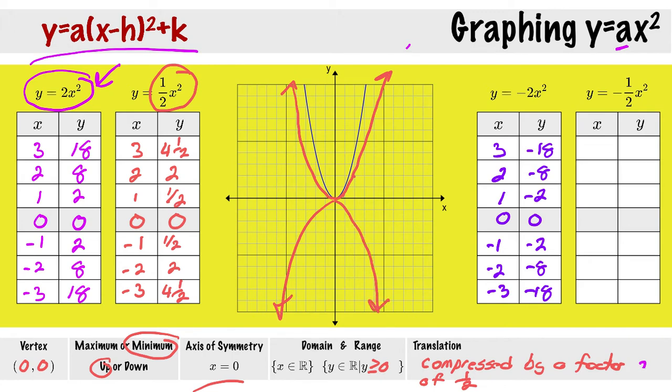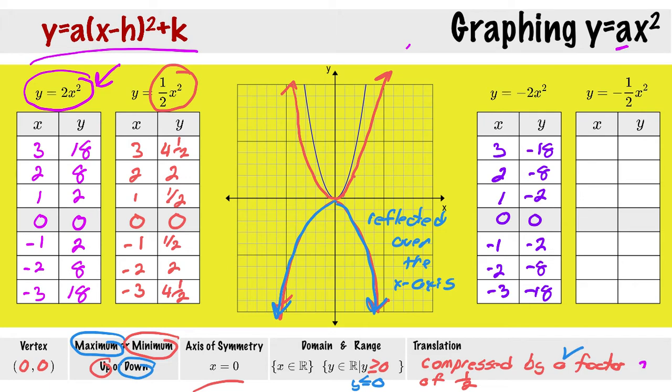So this parabola is the opposite. It would be down, it would be a maximum. This would be reversed. This would be identical. Might as well make it blue so you can see it. And the only difference would be that it's reflected over the x-axis.